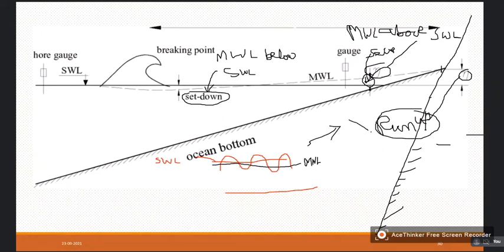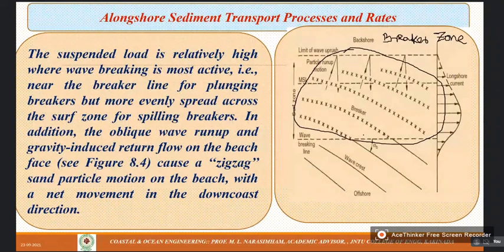They are not coming normal to it. So when they come here, there will be a reverse flow. This reverse flow and this onward movement interact and cause the movement in the down coast direction, a zigzag movement.